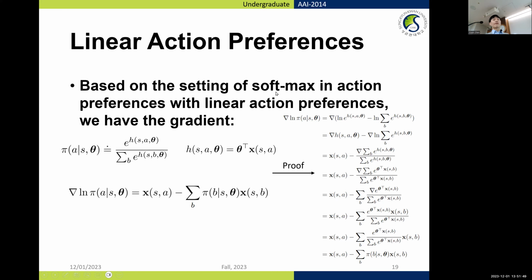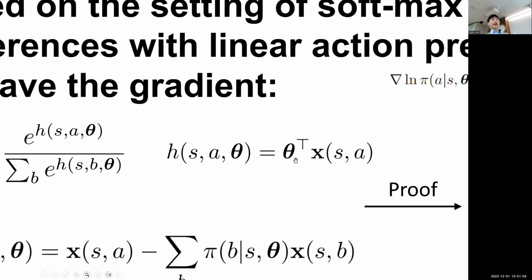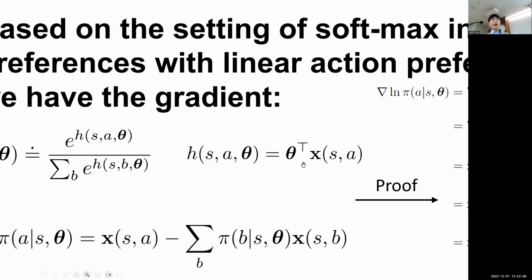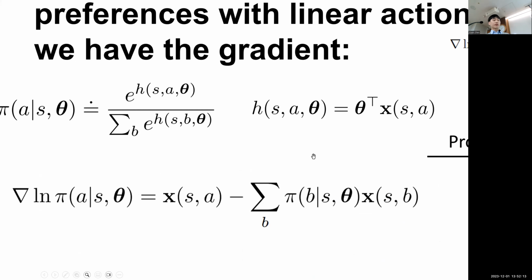Based on the softmax setting for action preference, which is here, the pi we designed, the softmax, and H is the preference. If H is defined by the linear function, theta transpose times X, the feature vector, and we do the derivation, then we have this.